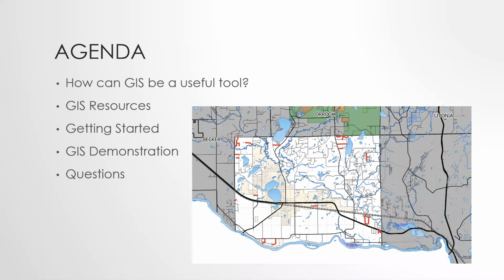And then I'll do a little demonstration on how you can utilize some of that data to show some useful information, or how you can apply it to project planning and certain things like that. And then I'll open it up to questions. And during the presentation, if there's any questions, please feel free to ask.